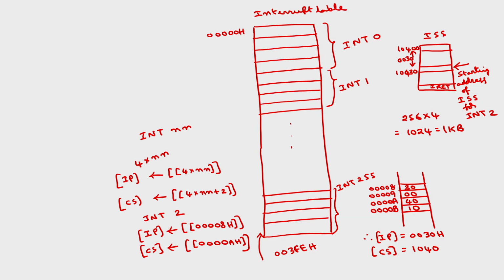Then we have a total of 256 interrupts, and there are some special purposes for these instructions, like INT0. INT0 is normally used for divide by 0.